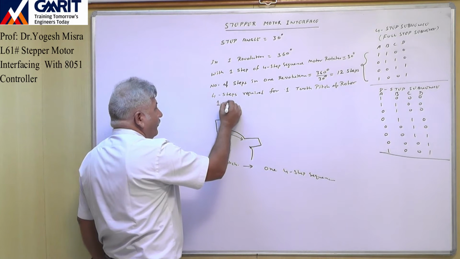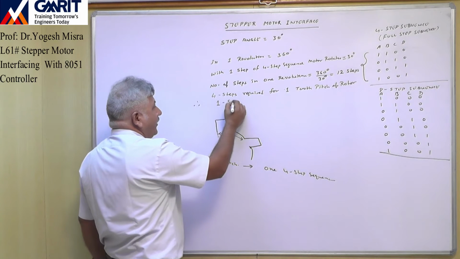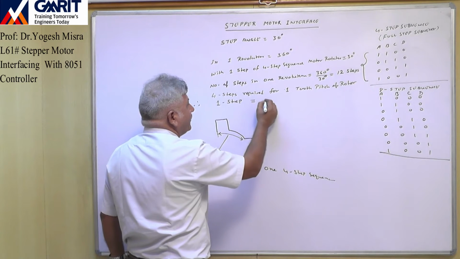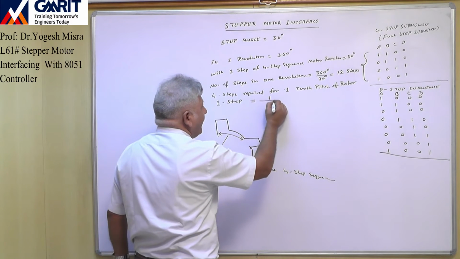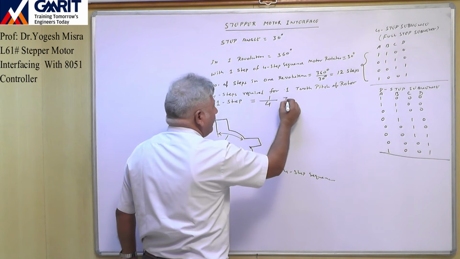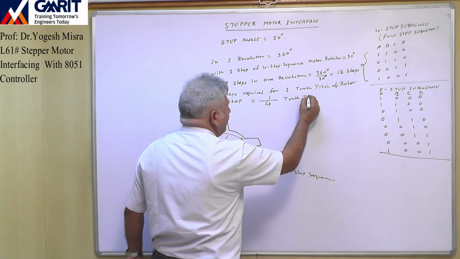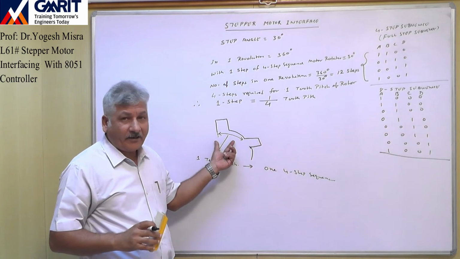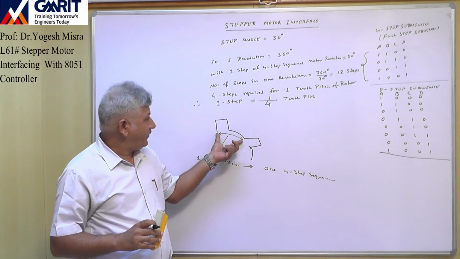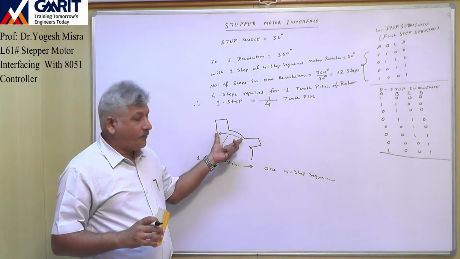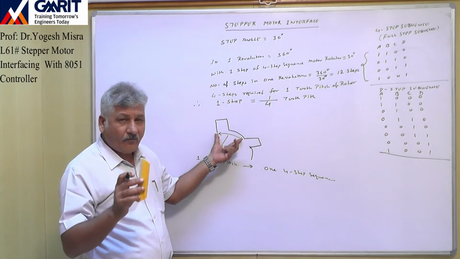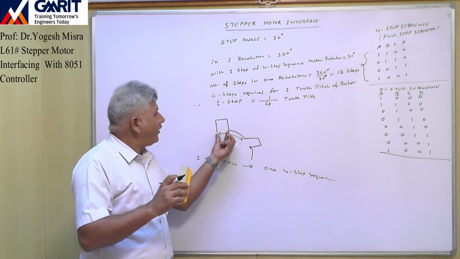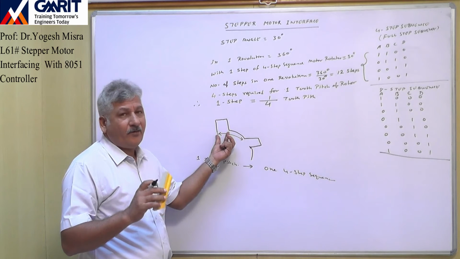Therefore in one step, this is equal to 1 divided by 4 tooth pitch. The rotor will rotate, right? So this is one tooth pitch. One tooth pitch will be covered in 4 steps. That's why in one step, 1 by 4 of this tooth pitch will be covered.